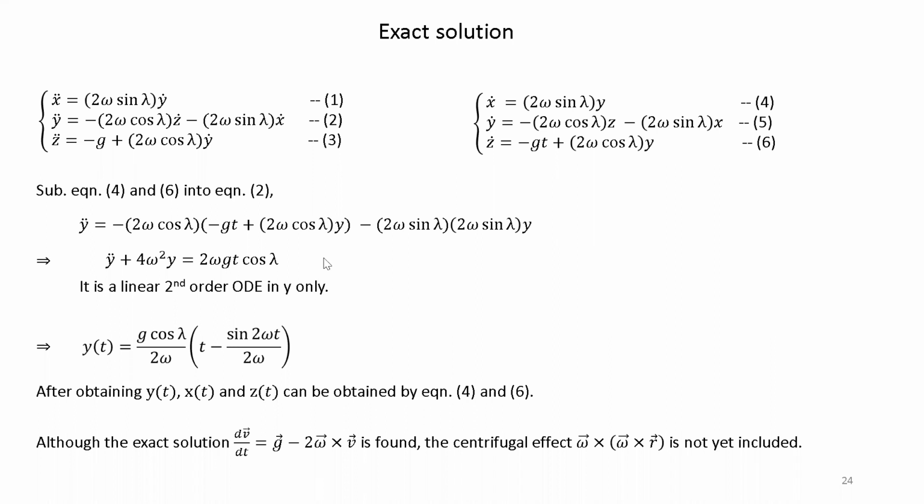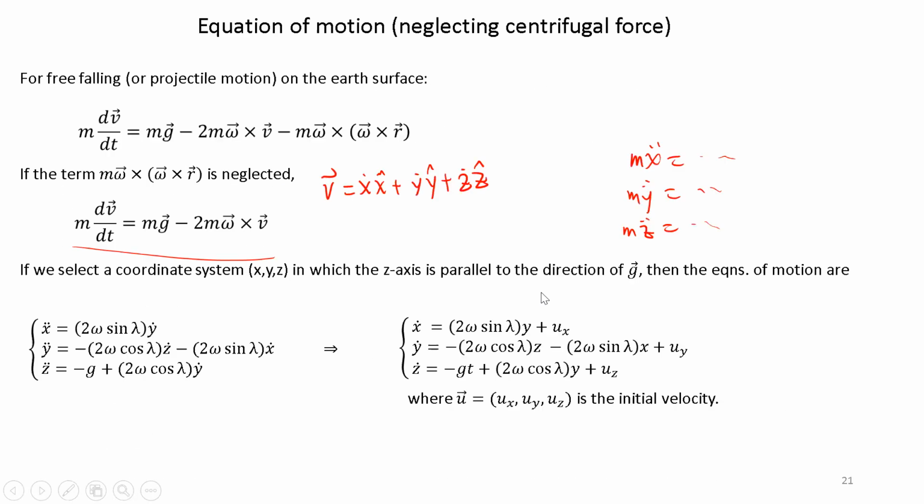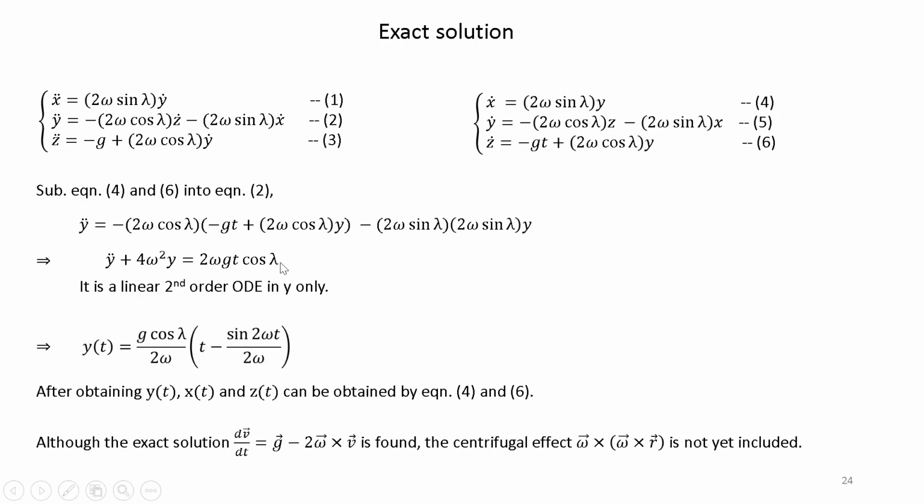But here, let's actually go into the details of solving this equation of motion exactly. If you go ahead and write out all three components, I give you the g and the omega, and if you break it down into three equations, this is what you have.